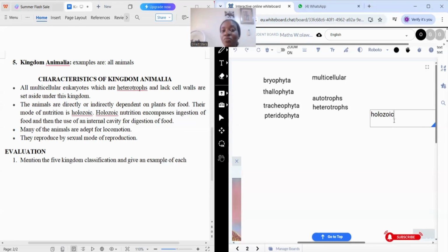So animals move from one place to another in search of their food. And finally, they reproduce by sexual mode of reproduction. I'm sure by now you've heard about sexual reproduction and asexual reproduction. So all animals exhibit sexual mode of reproduction.